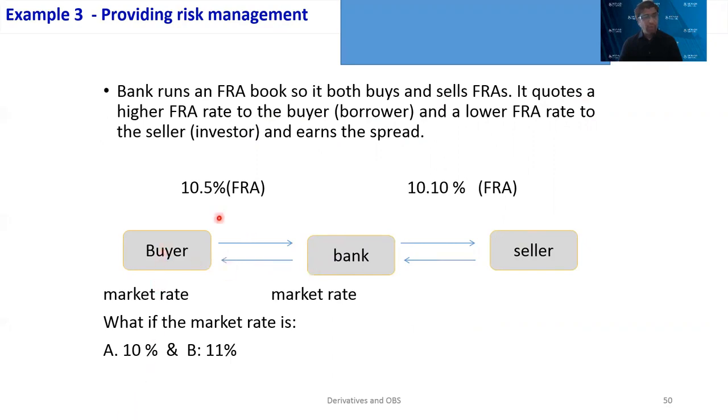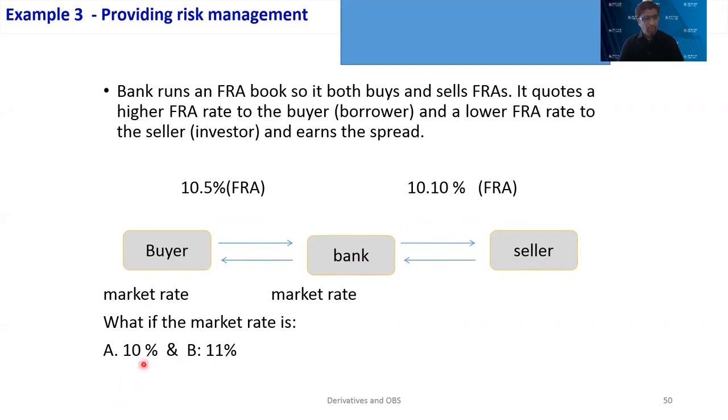Because he quotes higher for the buyers and lower for the sellers, they are out of each risk, out of all those risks. Whatever happens, if he's balancing his contracts, which means his exposure, he doesn't become the market here or here, then in this case, the bank will do very well.